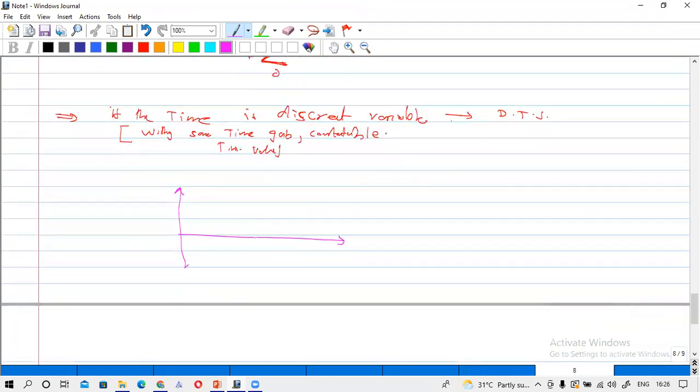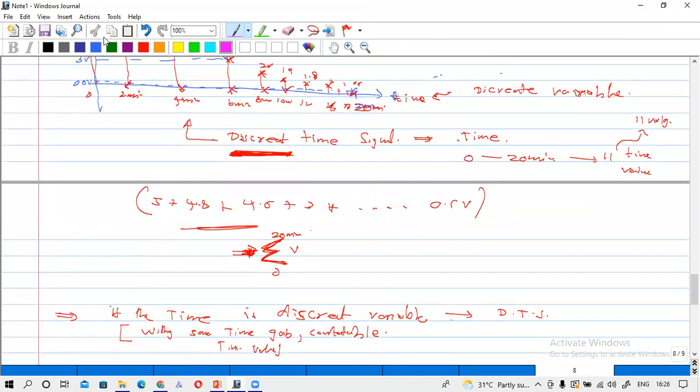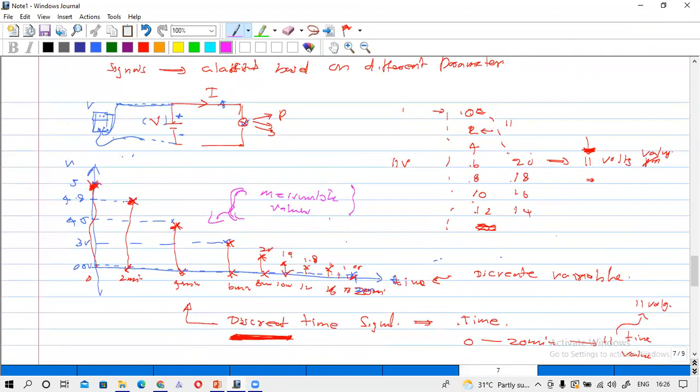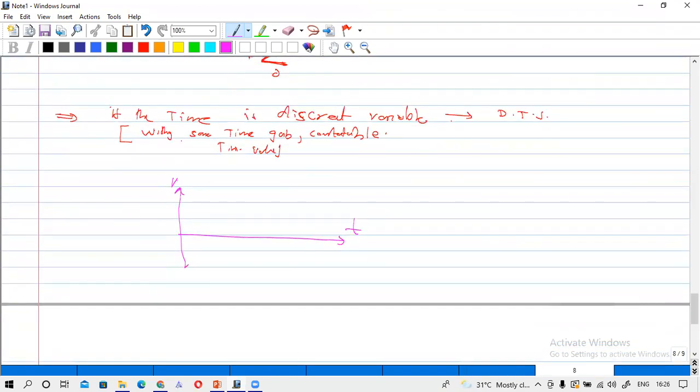Practically, the voltage across the battery is reducing like this, no? From 0 to 20 minutes it is reducing.